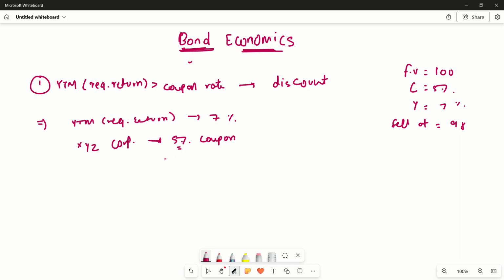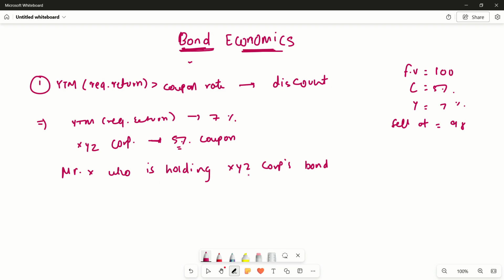Now, what will happen? Let's assume that there is Mr. X who is holding XYZ Corp's bond. Now let's suppose the required return in the market increases to 7%.